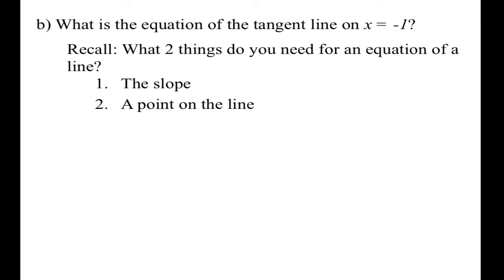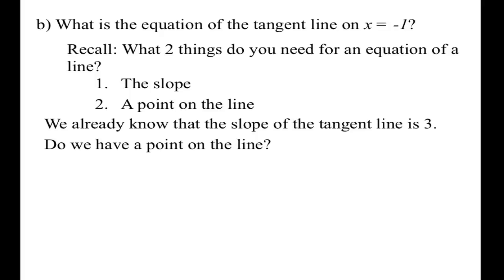Well, we have a point on the line because you were given it, -1, -1. So we already know that the slope of the tangent line is 3, and we do have our point, -1, -1. Sometimes you will only be given the x value, and therefore you'll have to find the y value of the point. All you have to do is take the x value and plug it into your function to get your y value.